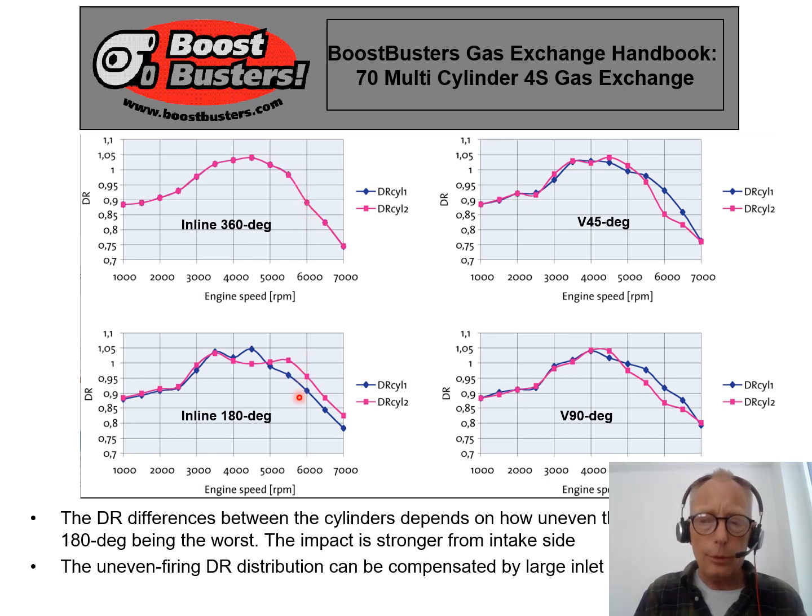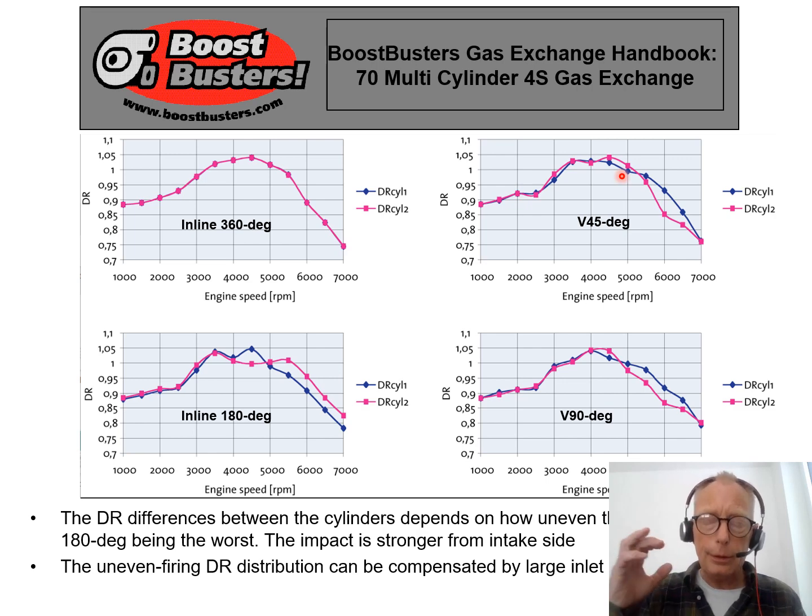Taking the step to the 180-degree engine, you can see here we have differences at about 5% or something. On the V90-degree engine, things becomes better, and on the 45-degree V engine, also a little bit better. This is when air side is common in a common plenum.